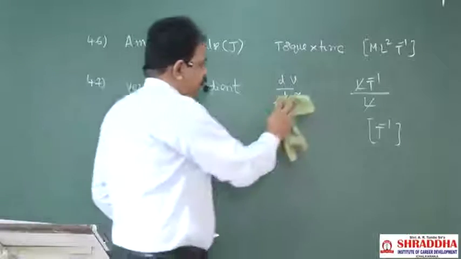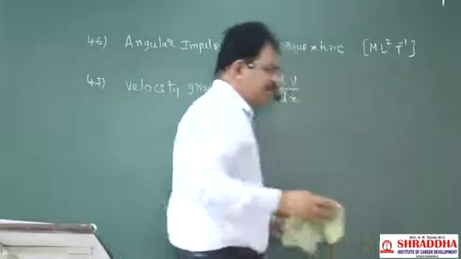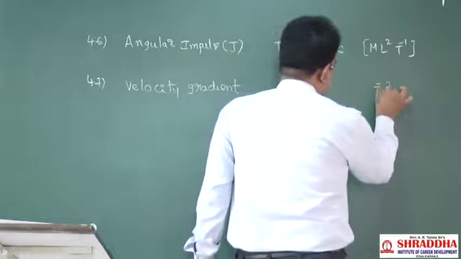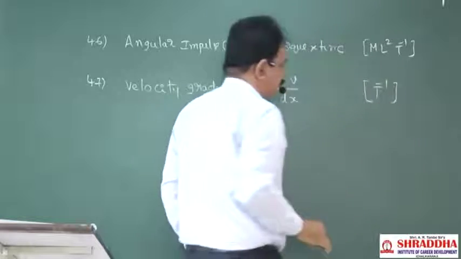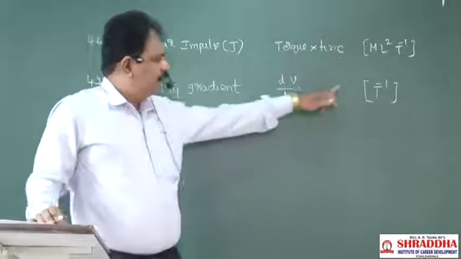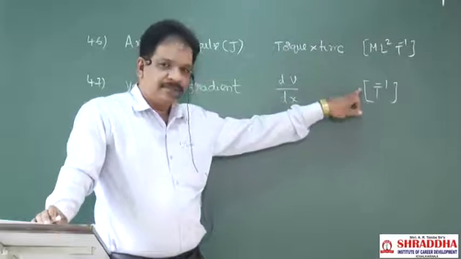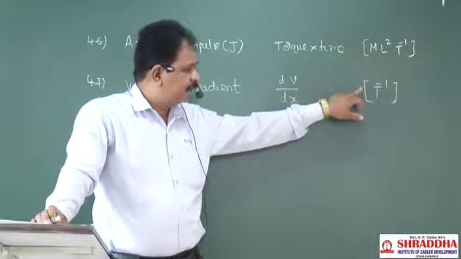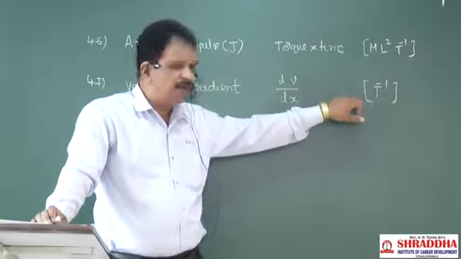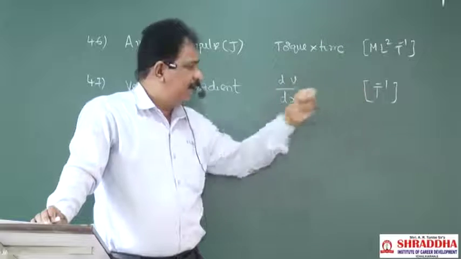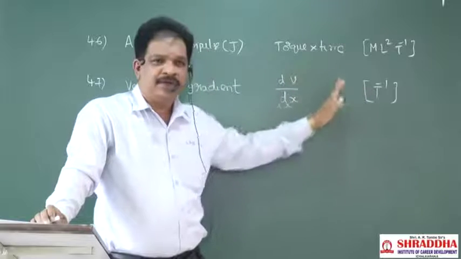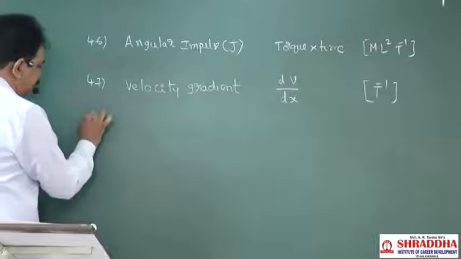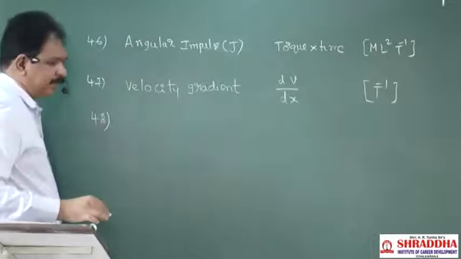Question 48. So, what is its dimensional formula? T power minus 1. Here if you calculate in the notebook, or take one another rough page, calculate there and directly write the dimensional formula here, that is also okay.